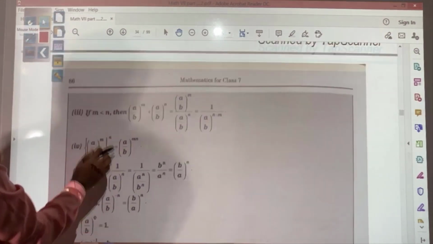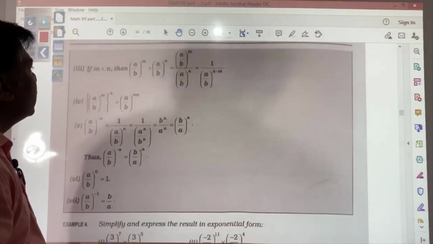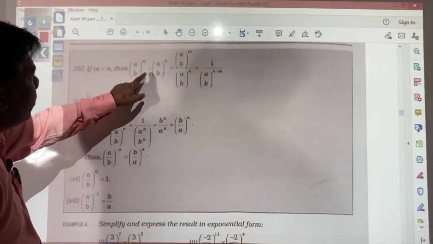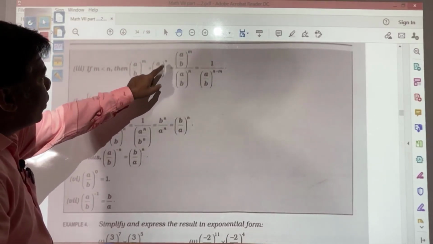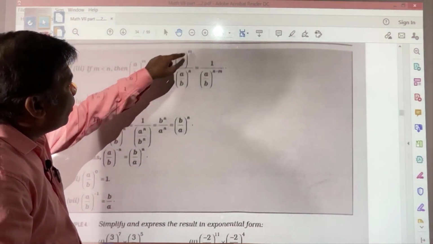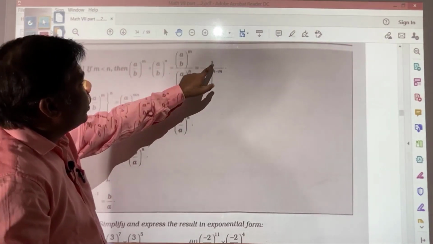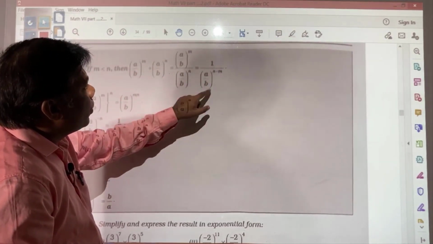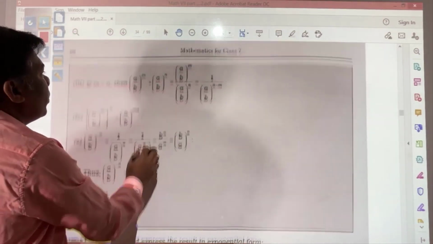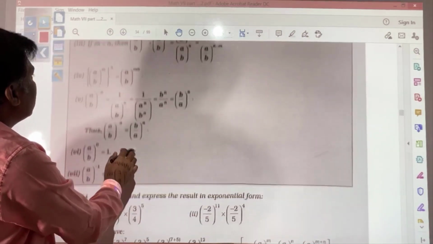If m is lesser than n, then in this case a by b to the power m divided by a by b to the power n can be written as 1 by a by b to the power n minus m. Or simply, the second formula is enough. If you are remembering this only, I think you will be able to solve this.